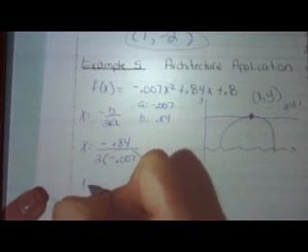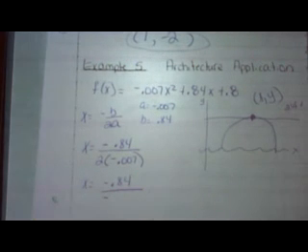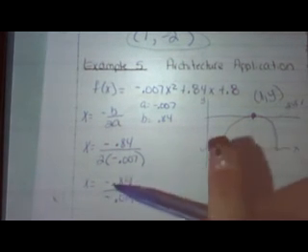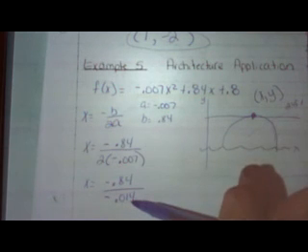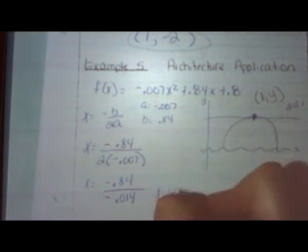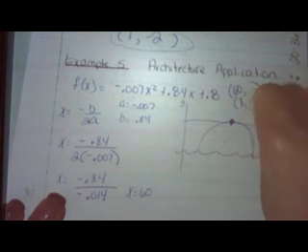So I get x equals negative 0.84 divided by negative 0.014. I know that x is going to equal 60.